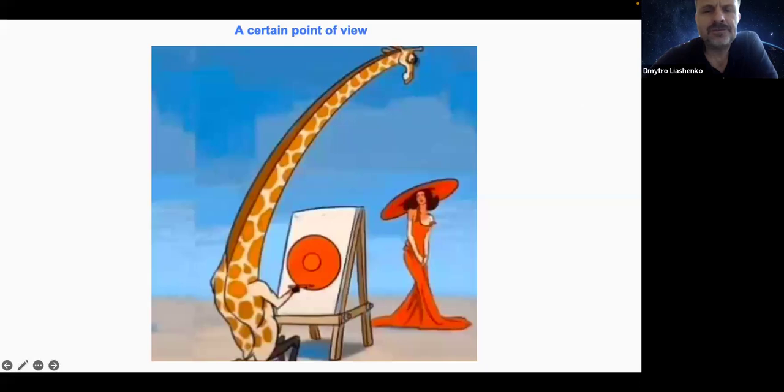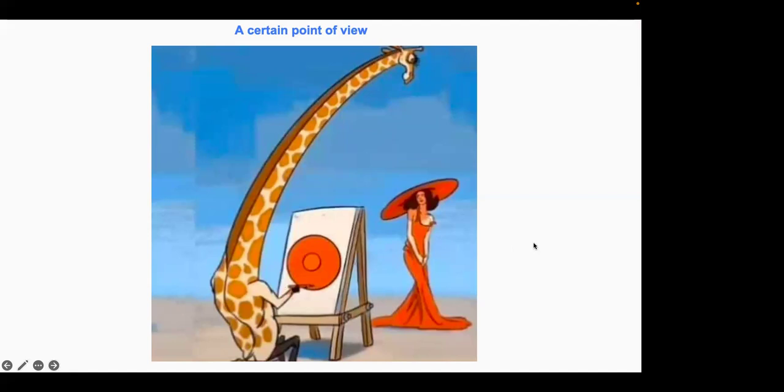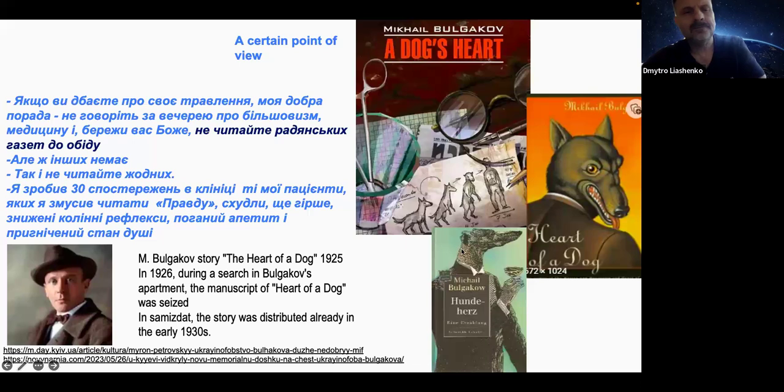A giraffe is painting a portrait of the girl, and you can see that its point of view differs from ours. Let's move on. A certain point of view.